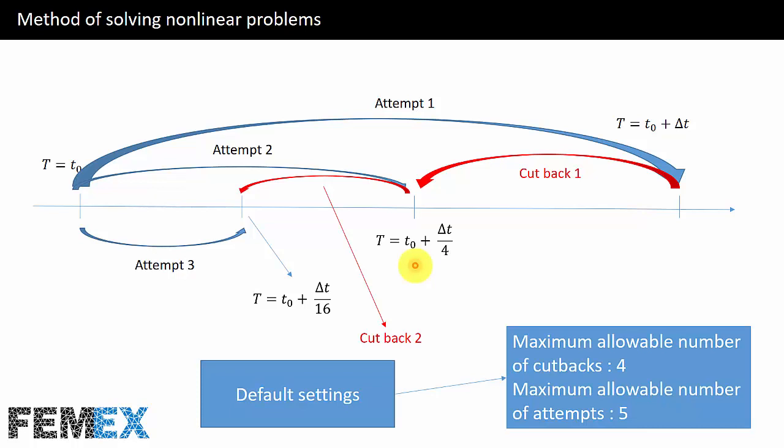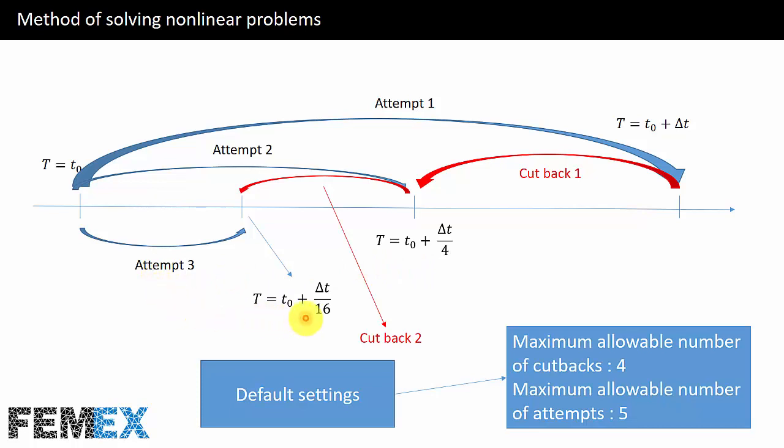If the solution is converged, Abaqus will start the I+1 increment. But if the solution doesn't converge, Abaqus will cut back again and it will start the attempt 3.